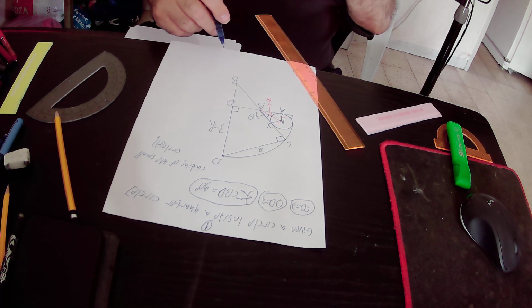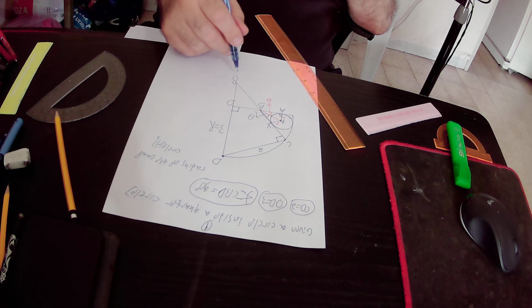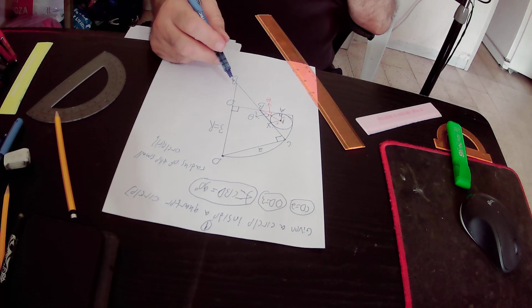We will define the touching point between DO and CB after we extended them as point E.